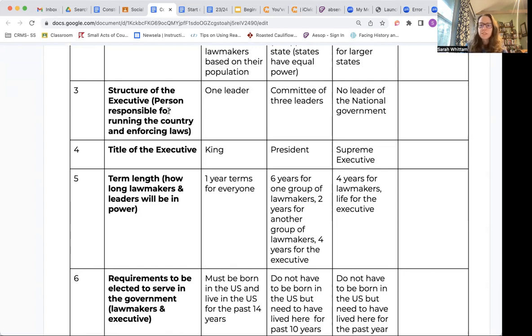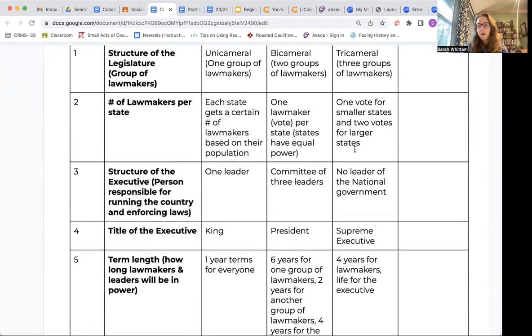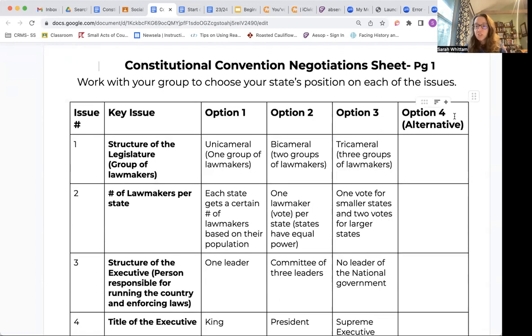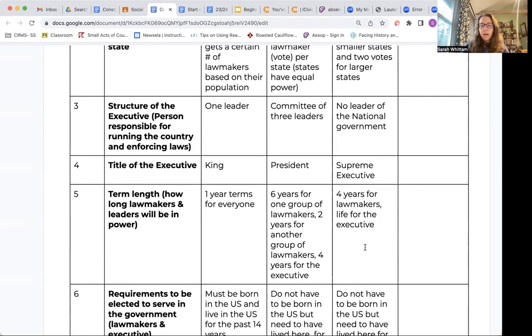Or does your state feel strongly that you don't want a leader for the national government? What are you going to call the executive? So that gives you 3 options. For all of these, your group can suggest an alternative that you think is better. That could be a combination of one or 2 of the other options, or it could be something else entirely that you come up with.